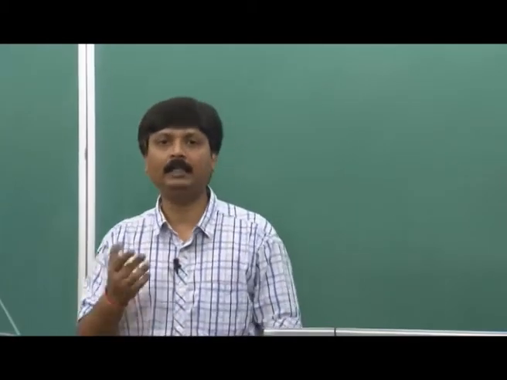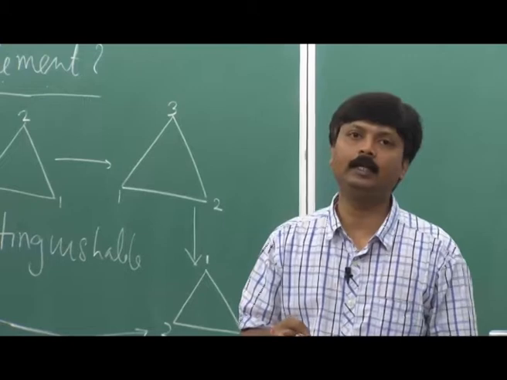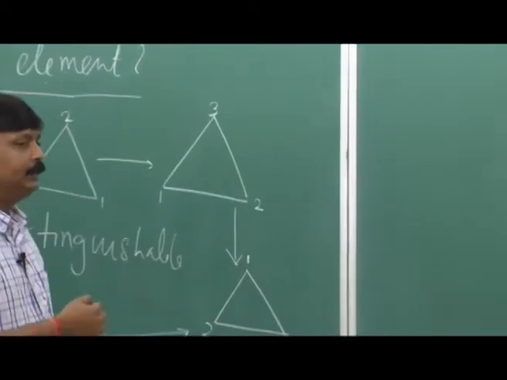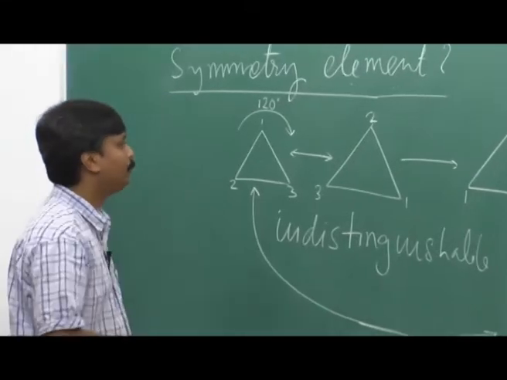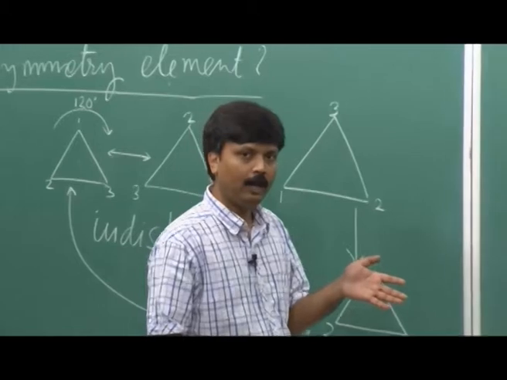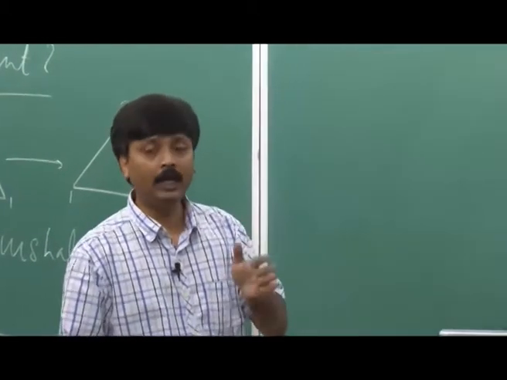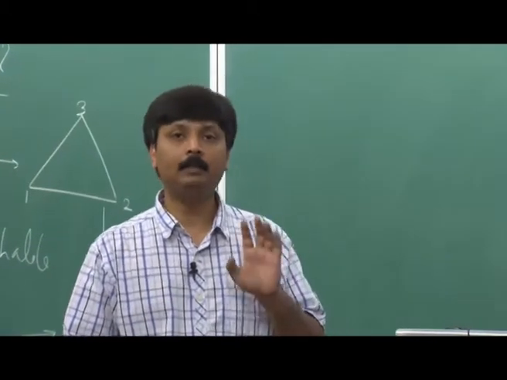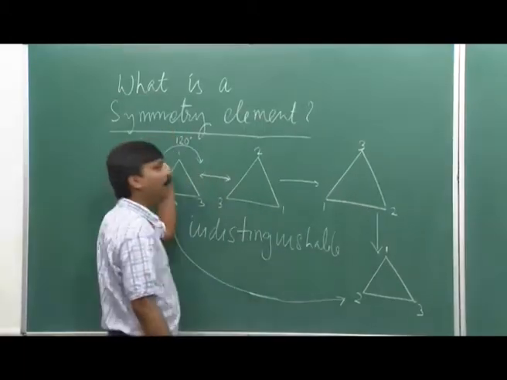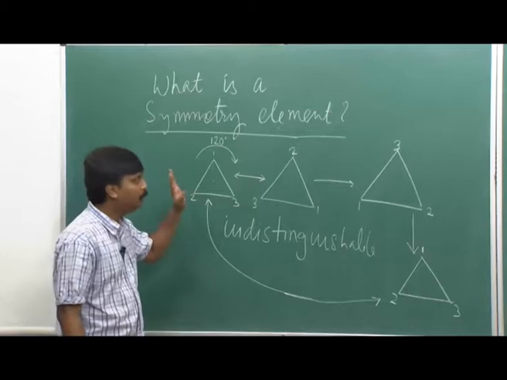It can be an axis, it can be a point, it can be a plane. So this axis or plane or point about which a symmetry operation takes place and we get an indistinguishable structure is known as symmetry element. Okay. So symmetry operations are done about that symmetry element.